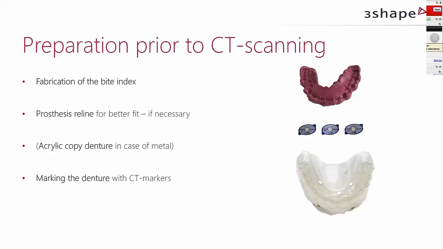So somewhere between 4 and 7 or 8 is probably a good number that you distribute both across the palatal area and the buccal and lingual sides of the existing denture. As we see on this picture, there are 3 markers distributed across the palate, and then we have some markers on the buccal side as well.